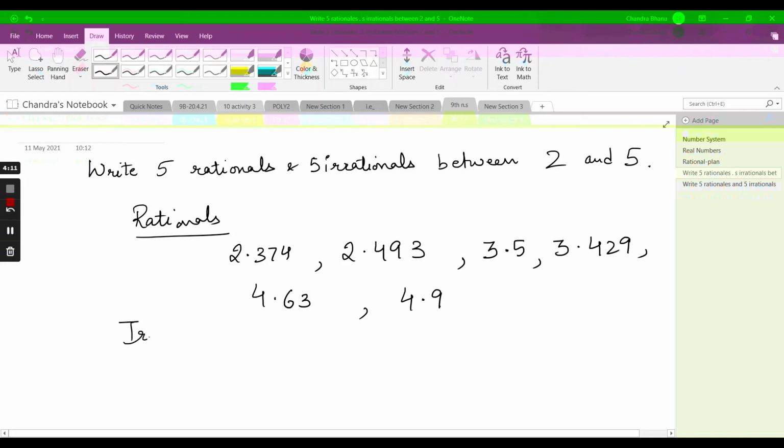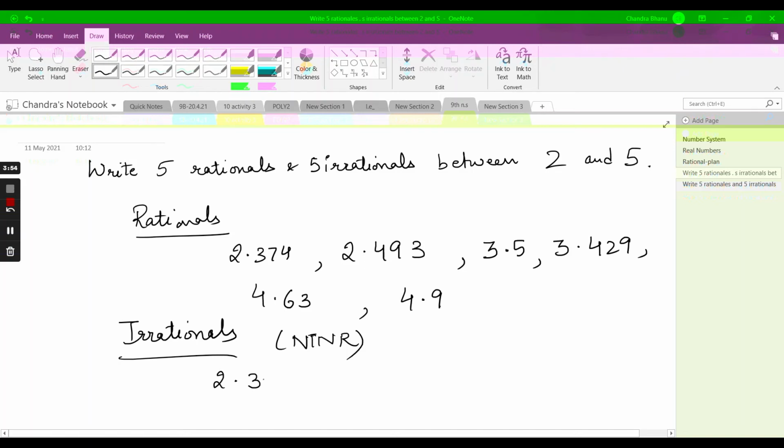And when we talk about irrationals, we write non-terminating, non-repeating numbers. How are we going to write that? We take any number between 2 and 5. Suppose I took 2.3.